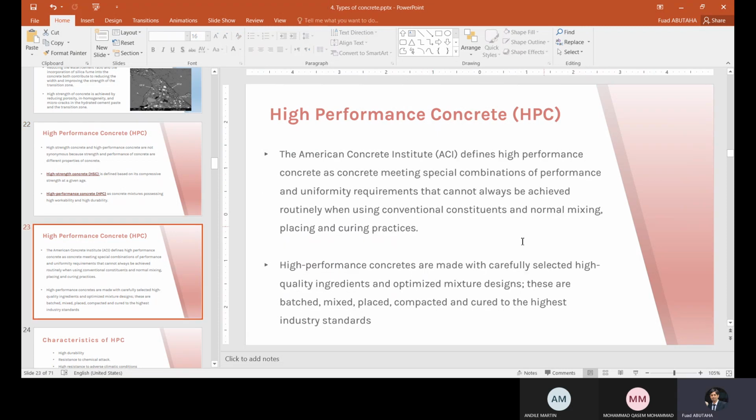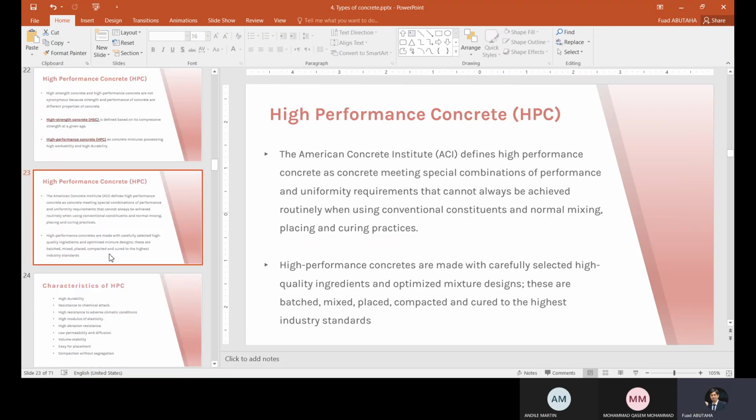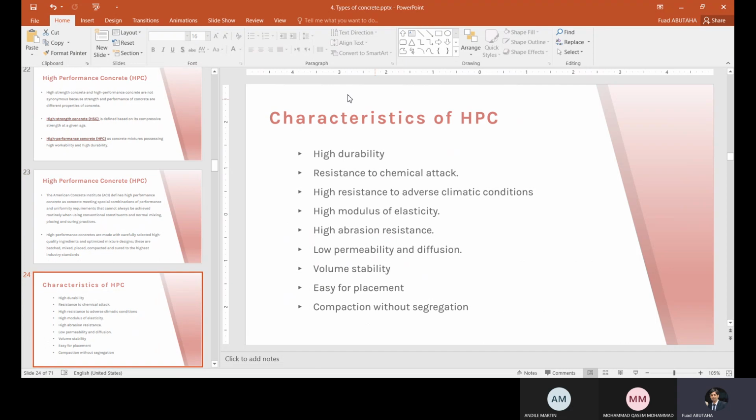So high performance concrete has achieved good durability properties and can have a service life higher than normal concrete. The characteristics of high performance concrete are all related to its durability. It can resist chemical attacks, such as sulfate attack and acid attack, it has abrasion resistance, and it is low permeability concrete.